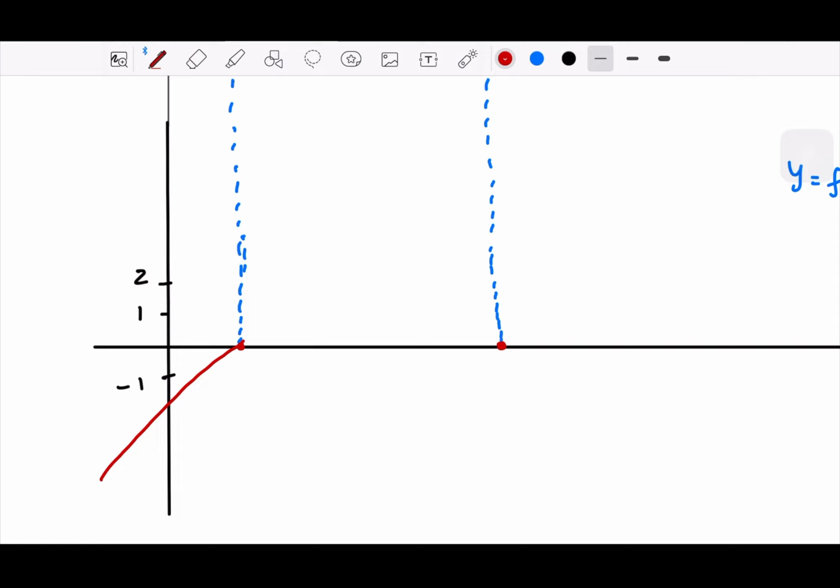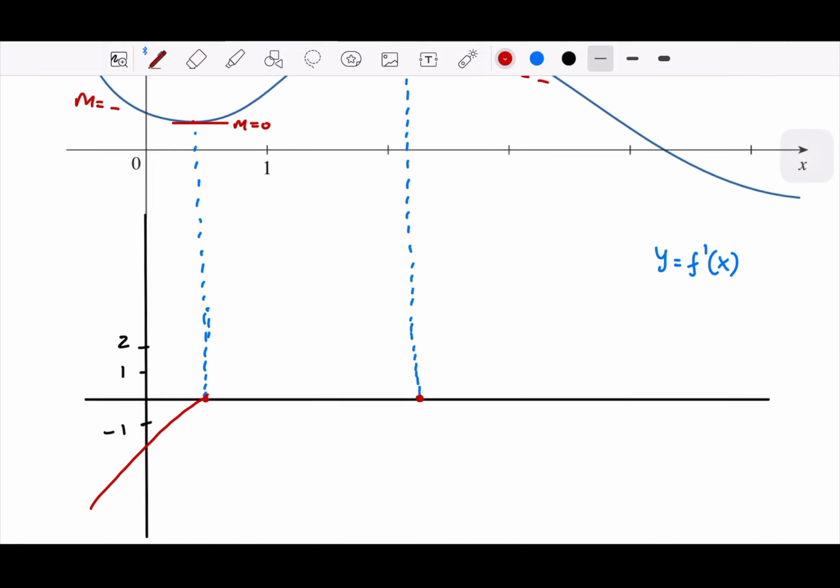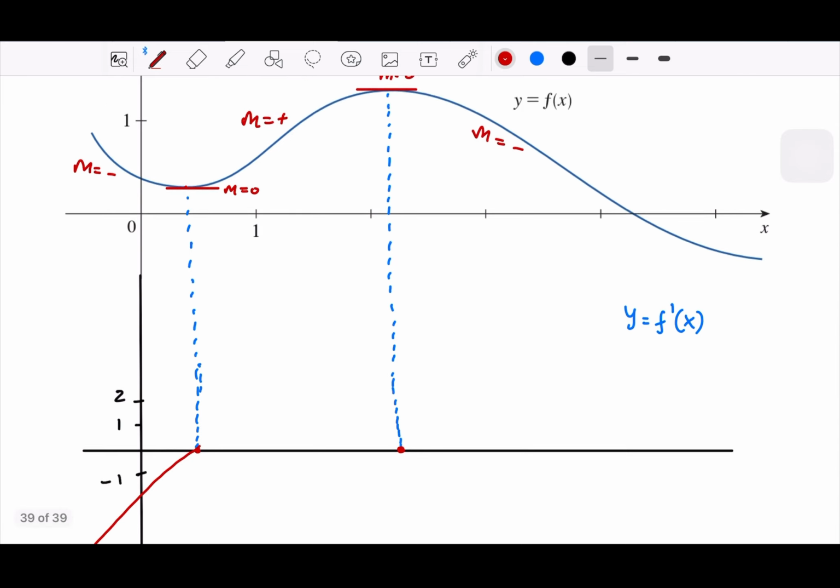Again, we are not sure how it's going. But then it appears that at this interval we have it going up.